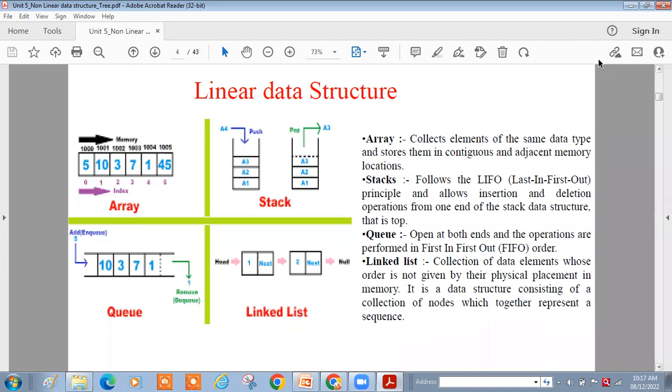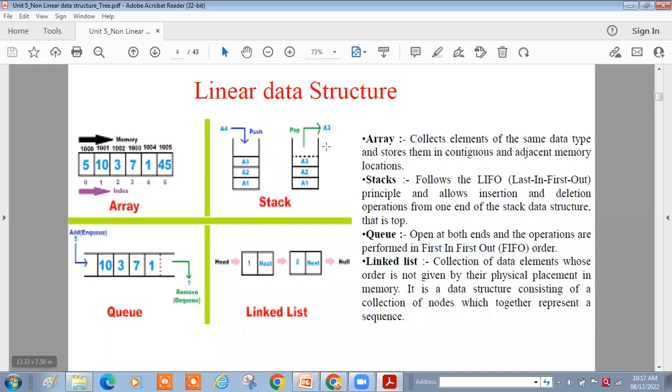Here you can observe an array. For this array, you can see these indexes are provided, and at a particular index, a particular data is stored. In memory, a specific location is given for that, and you can see that the memory location is continuous. Here in this data structure, 6 values are stored, so the indexing is from 0 to 5.